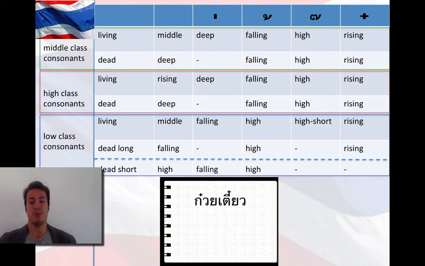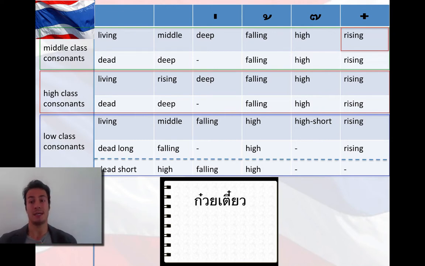Then we have another example. Now here a slightly longer word that consists of 2 syllables, guai tiao, Gueteo, which translates as noodles. What we see in these two syllables is that both have the fourth tone mark, the little plus sign on top.